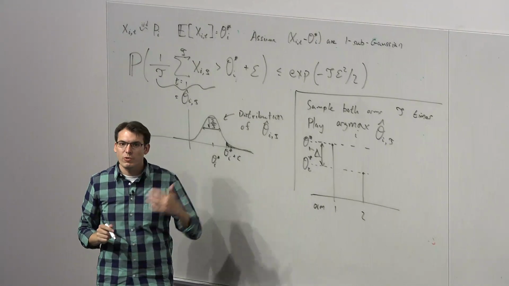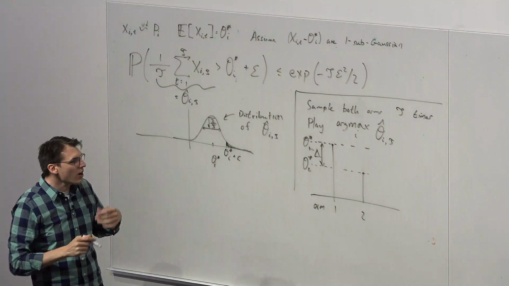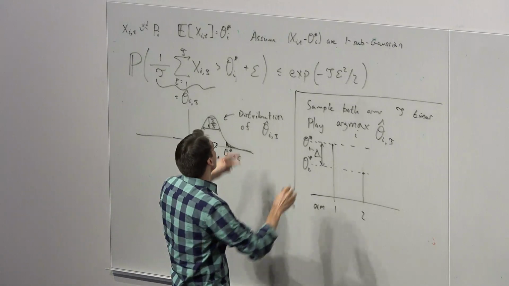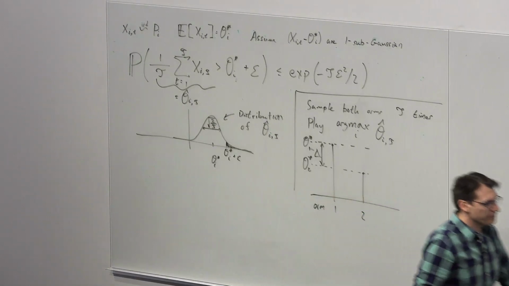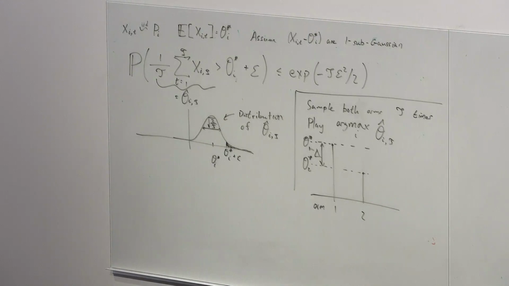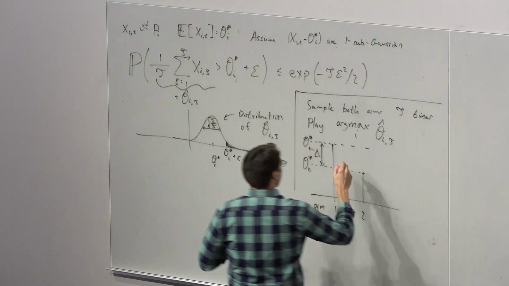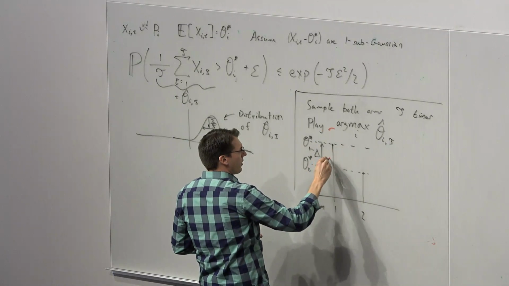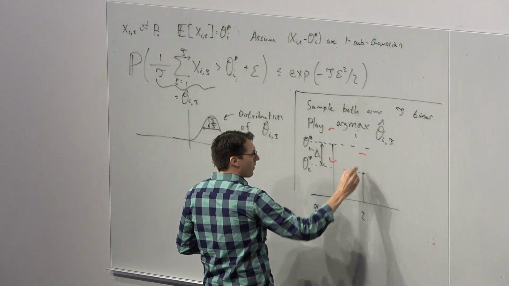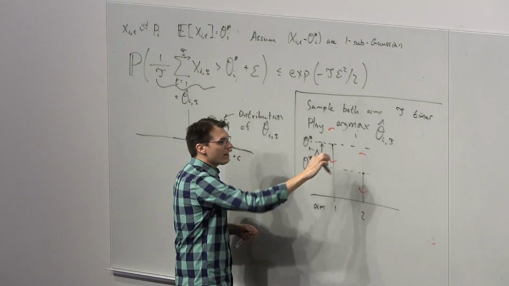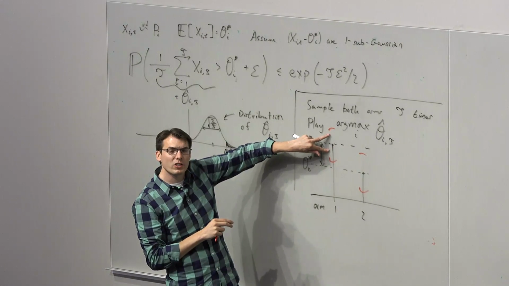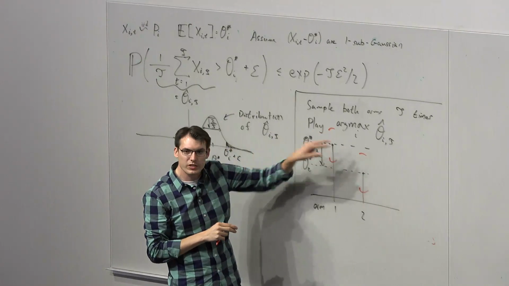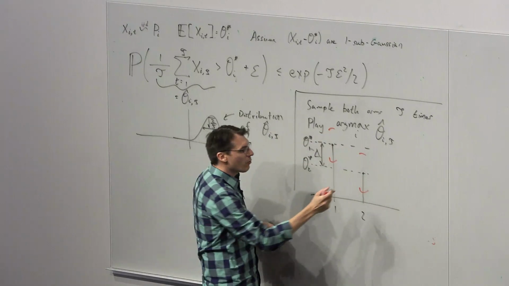By sampling each arm tau times and building confidence intervals, I'm guaranteed that the empirical mean falls inside these confidence intervals for each one of them.